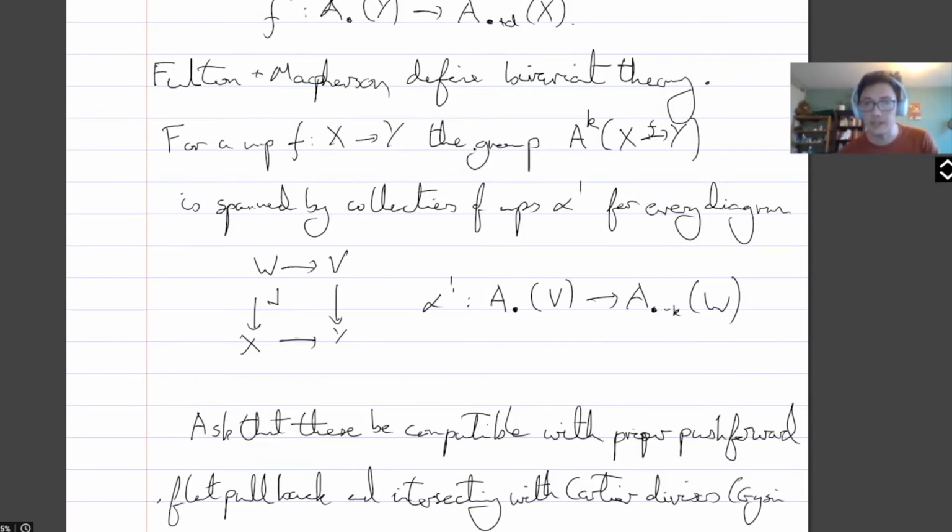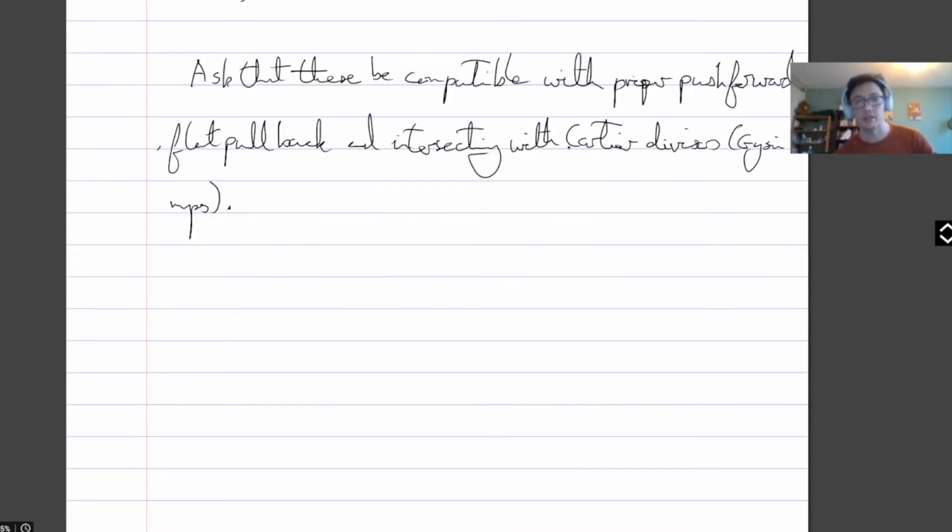And the thing to observe is that these are actually compatible and composable with one another. Note these are composable.